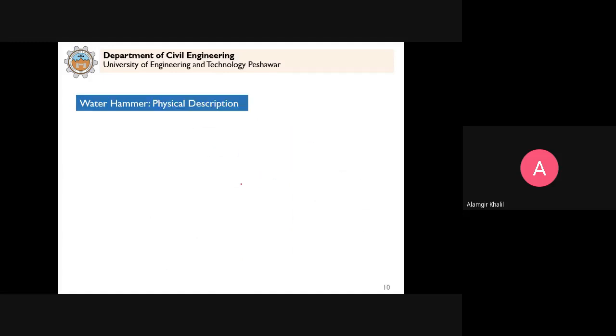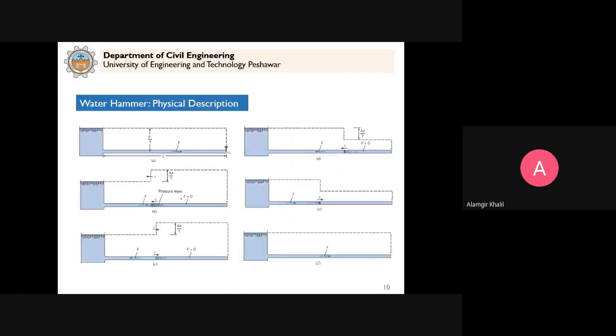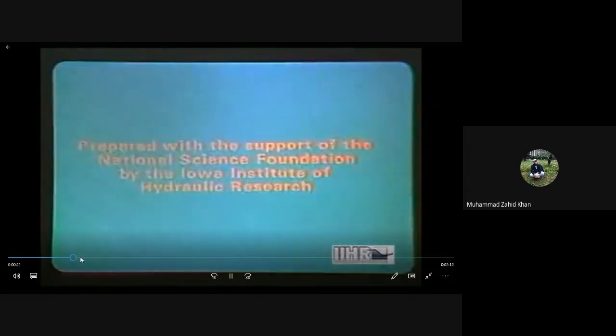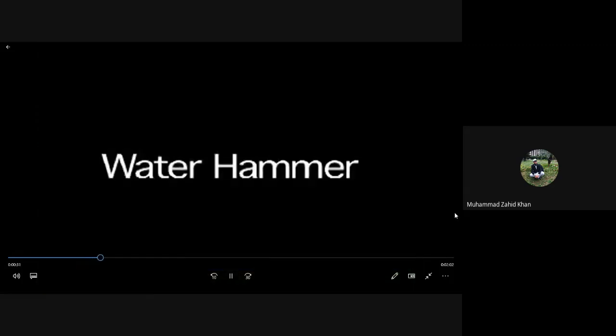Before we do that, this up and down which you saw here, and then this negative pressure, you can see physically. You can see here that the valve is suddenly closed.